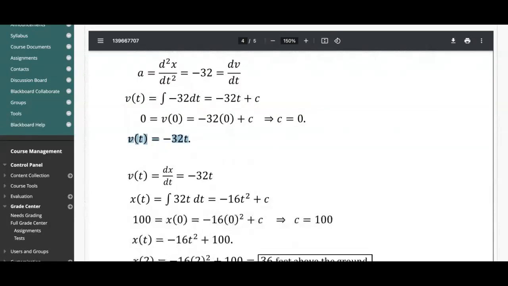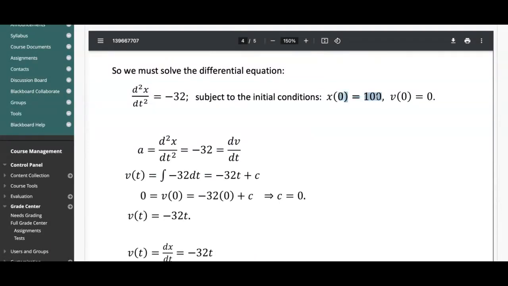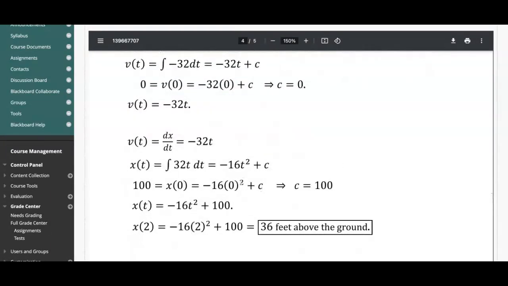Then we integrate the velocity again, and we get x of t, because v of t is just x prime of t. Integrating negative 32t, we get negative 16t squared plus a constant. Then we have another initial value, x of 0 equals 100.